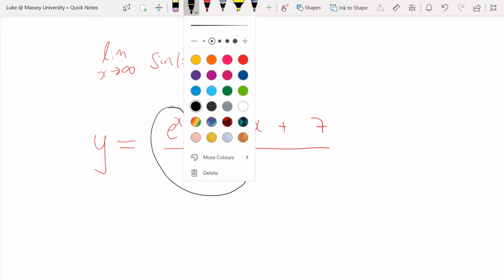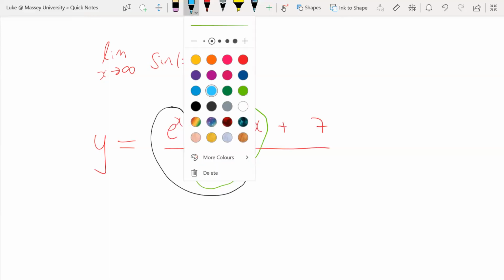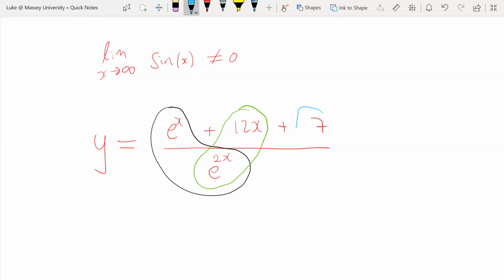There is this term, 12x over e to the 2x. And then there is this term. So just be careful when you're looking at fractions that you correctly identify the terms.